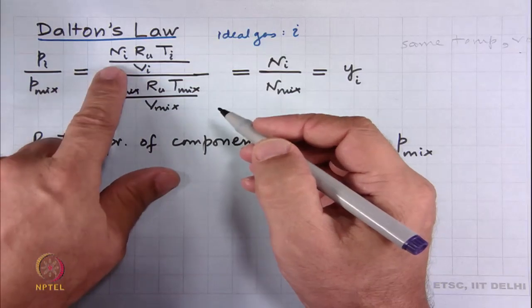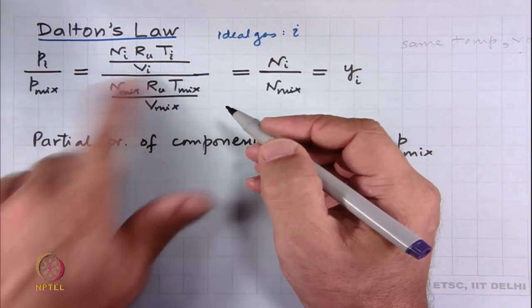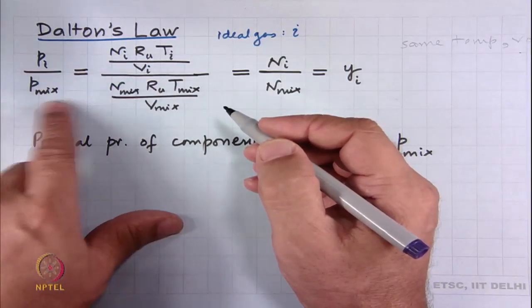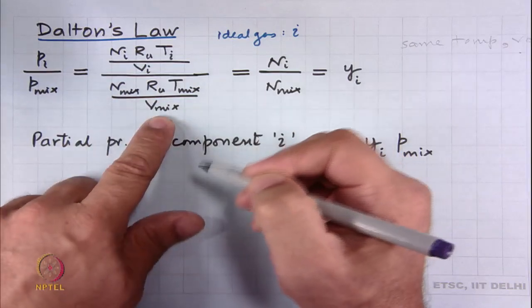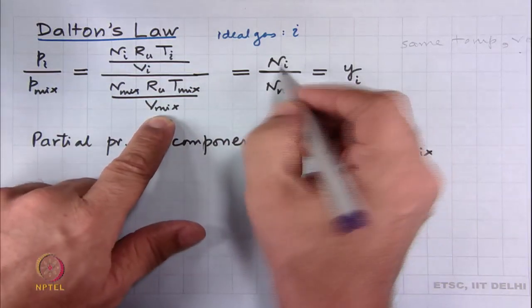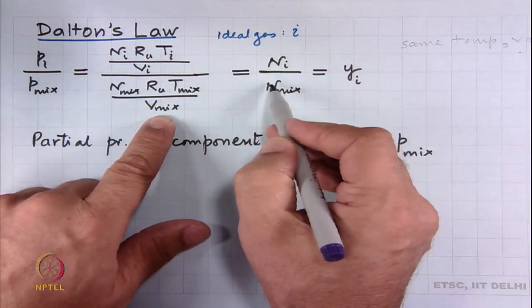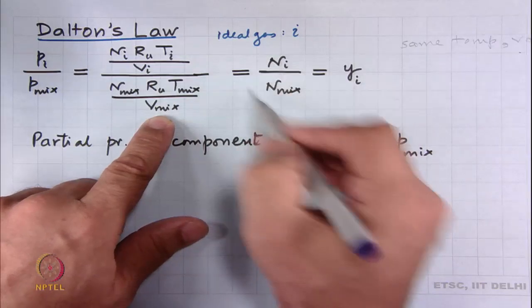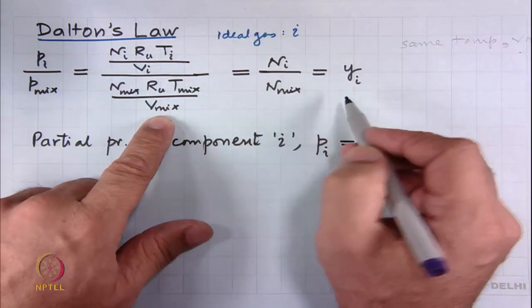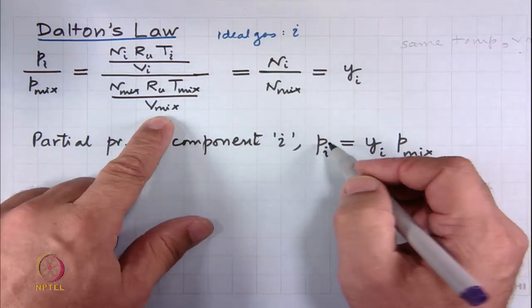So, P I is N I R U T I by V I, and we write the same thing for the mixture, N mix R U T mix upon V mix. Simplifying it, this becomes the number of moles of I divided by mixture moles, which is nothing but what we just defined as yi, the molar fraction of the ith component.